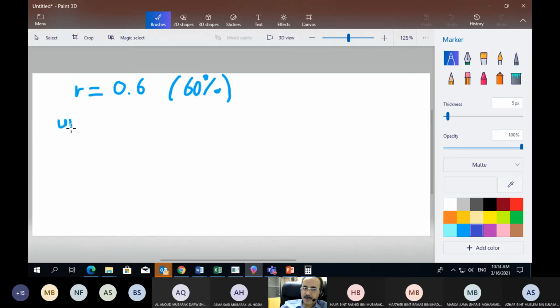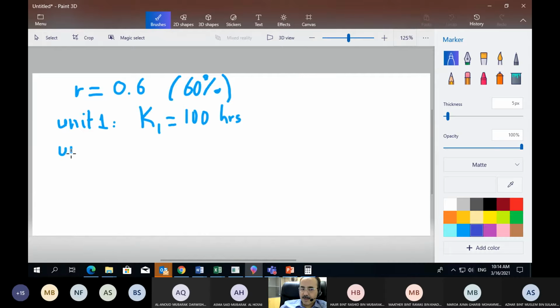For the first unit, suppose the time it takes, which is K1, was 100 hours.